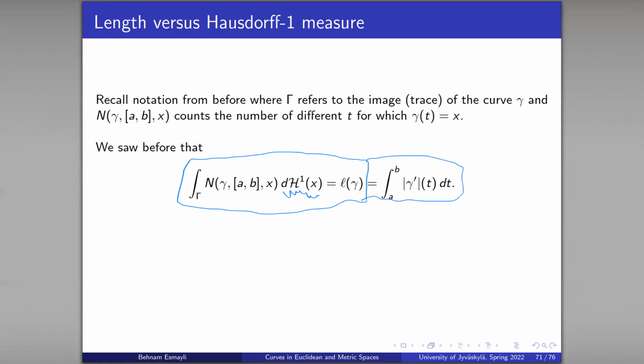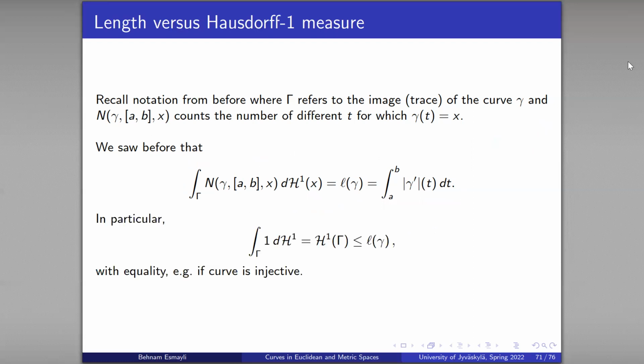So this is an integration on the line, on the real line. This is an integration on the metric space, on the curve, of some function. So here you have the multiplicity function counting the overlaps. If you integrate that function against the H1, it ends up being equal to the length of the curve.